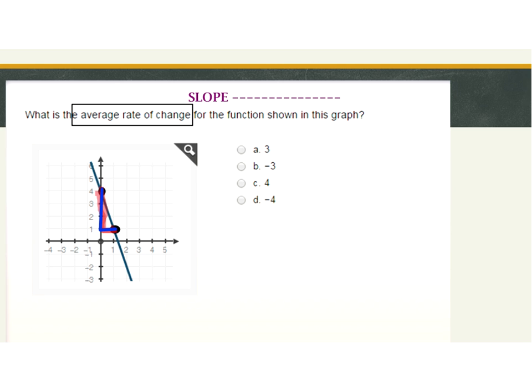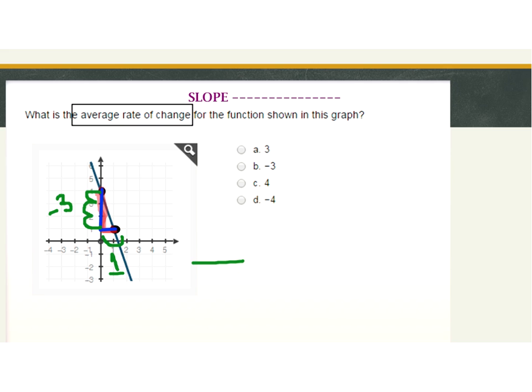So this is my right triangle. Now I'm going to count how many units I had to rise, which, its slope goes down, so you know it's a negative slope. 1, 2, 3, so it's a -3 down, and its run is 1.